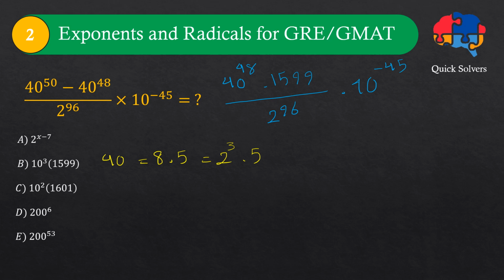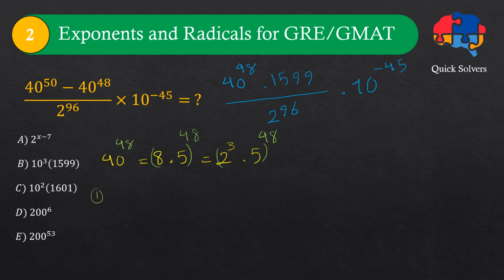So here we have 40 to the power of 48, then we can say this 8 times 5 is to the power of 48. All right, now we need to apply two rules.